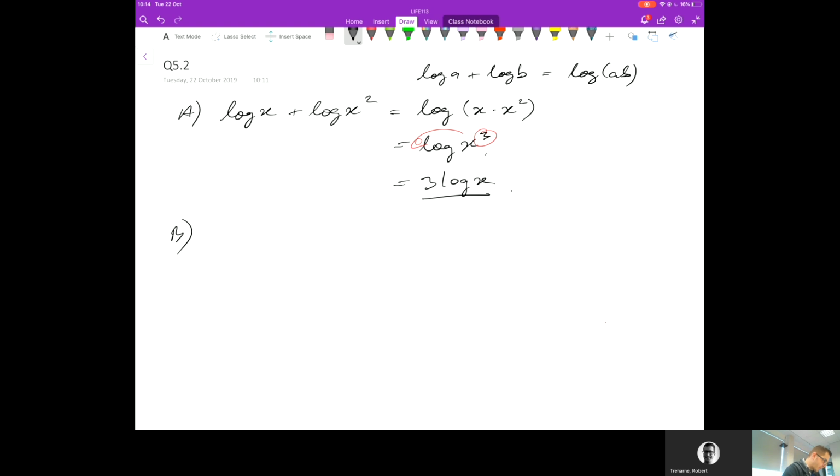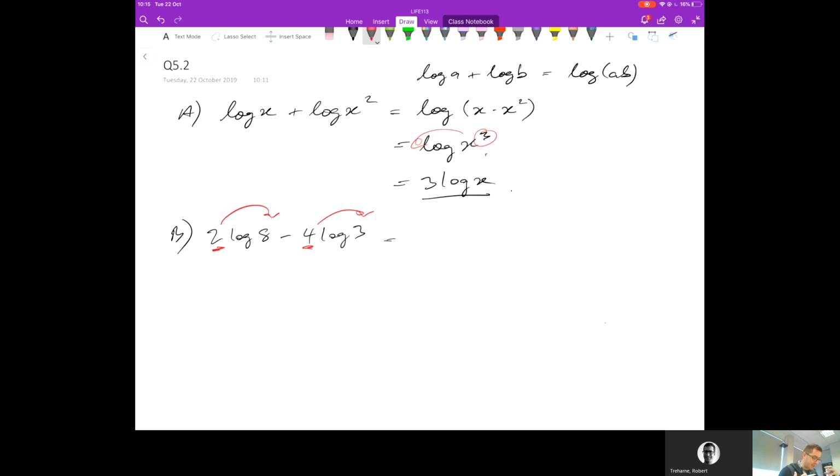B. I'm asking you to simplify 2 log 8 minus 4 log 3. And that's using the same rule. So this time it's a little bit different. I'm going to go backwards. I'm going to take the numbers in front of the logs and put them above, just so I can bring those terms together.